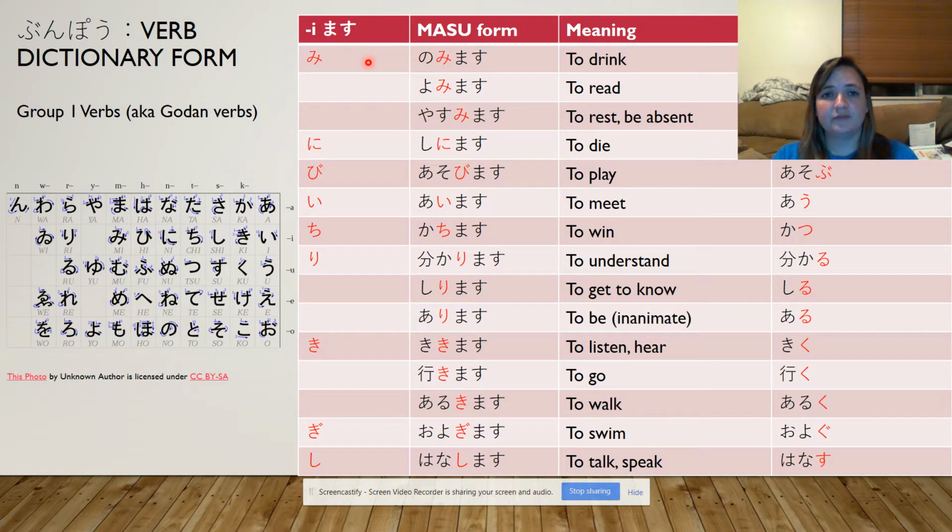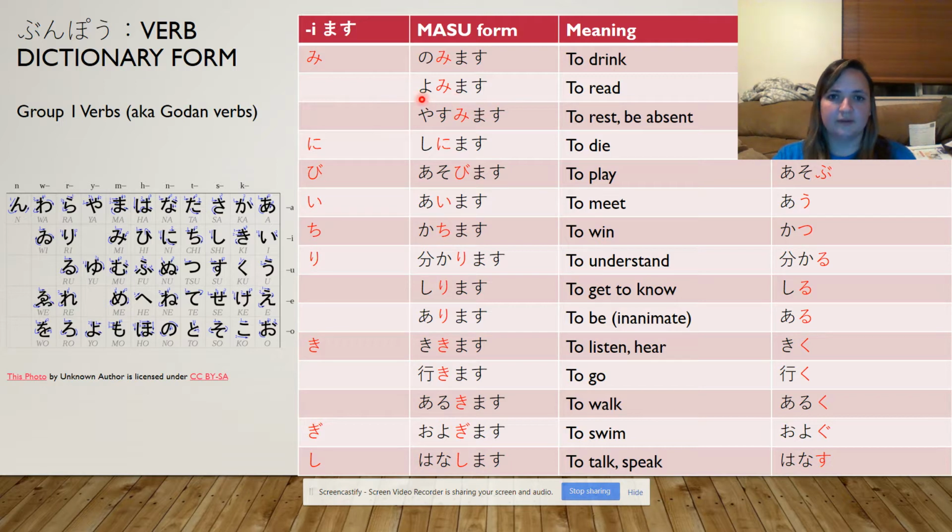So we have nomimas, which means to drink. What we do is we take this mi before the mas, and we change it to its corresponding u sound. So if we go over here, we find mi, we drop down, and the corresponding one would be mu. So our verb is going to change to nomu.